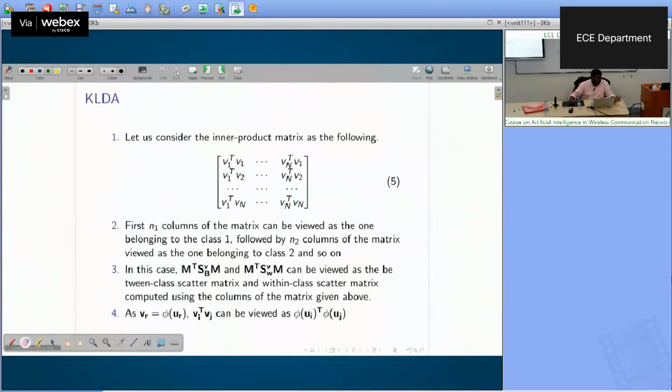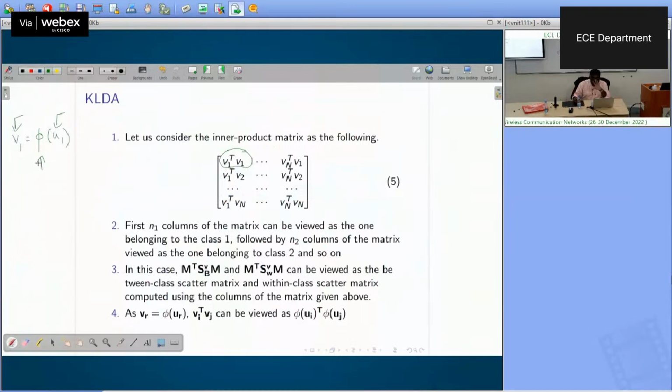Now consider this matrix here. This is the inner product. V1 transpose V1 is the inner product. So what is V1? V1 is basically phi of U1. You have this U1 in the feature space, which maps to the higher dimensional space, which is actually V1, using the function phi.